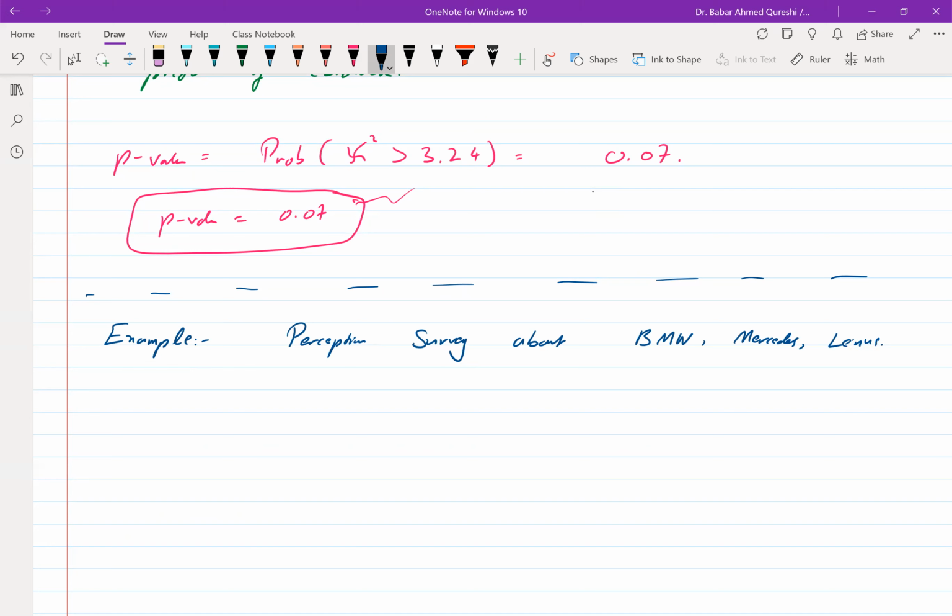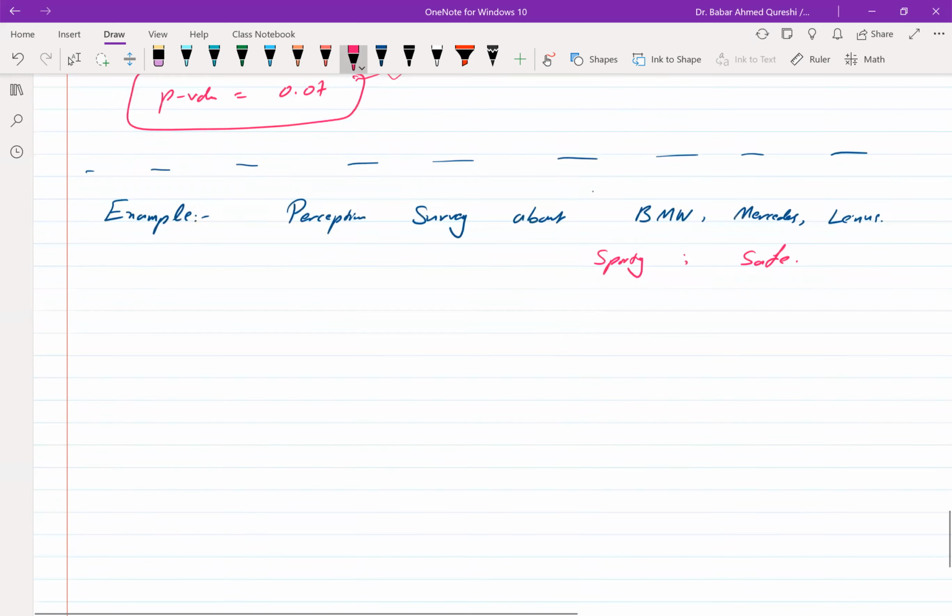And they say, pick what comes to your mind when you hear about these brands, sporty or safe.